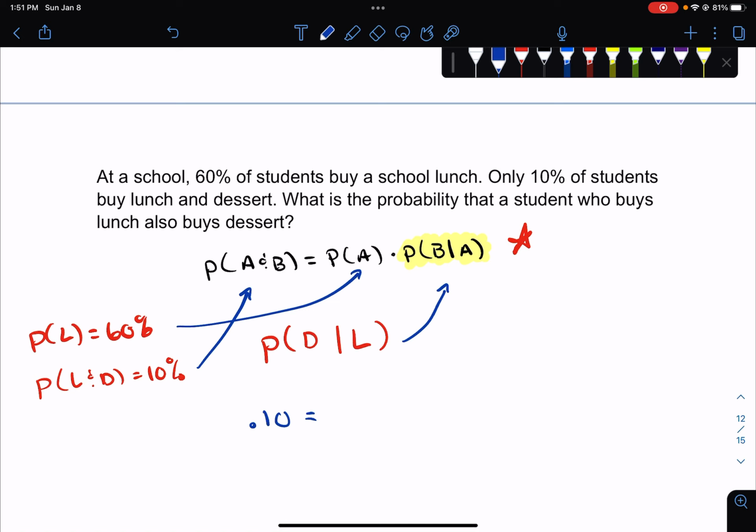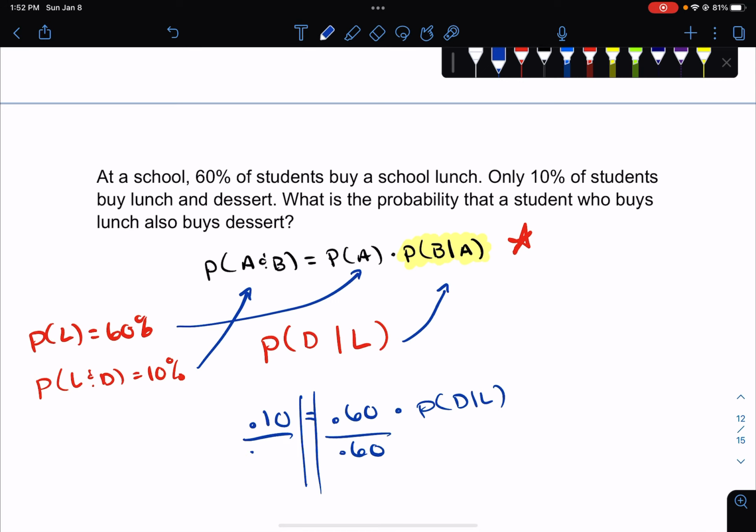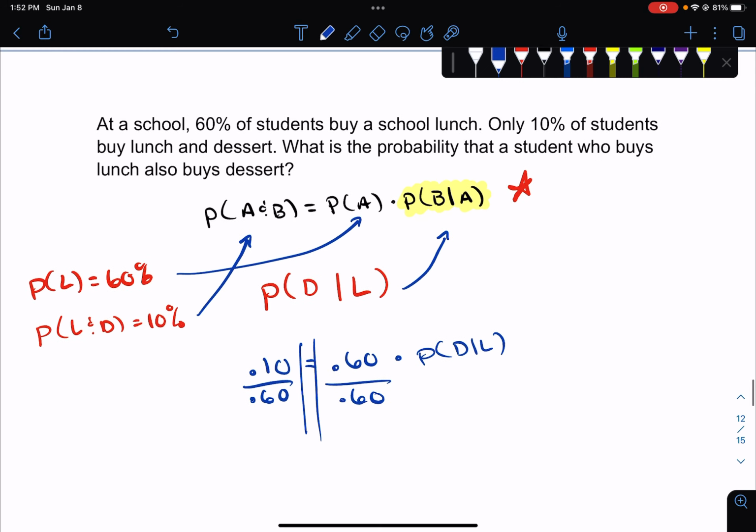That's going to equal the probability of just lunch, which is 0.60, multiplied by what I'm looking for, the probability of buying dessert if they've already bought lunch. Now I can just do my railroad tracks and divide by 0.60, and I get 1 out of 6 is the probability that someone who bought lunch also buys dessert.